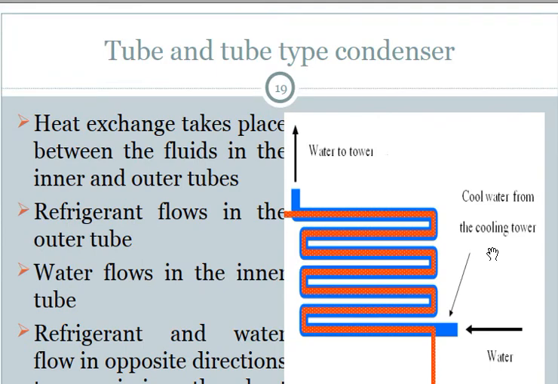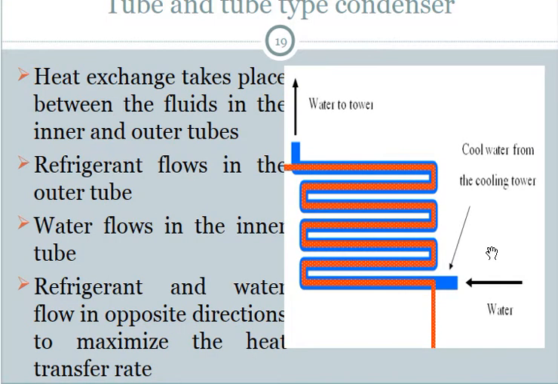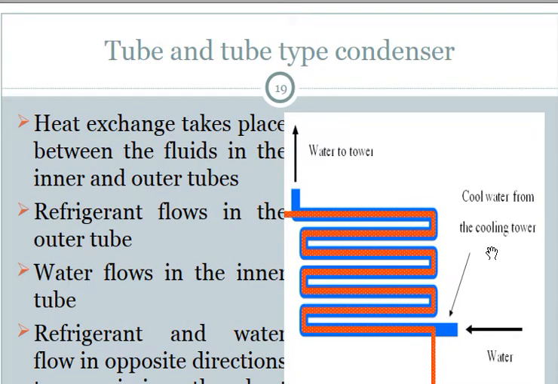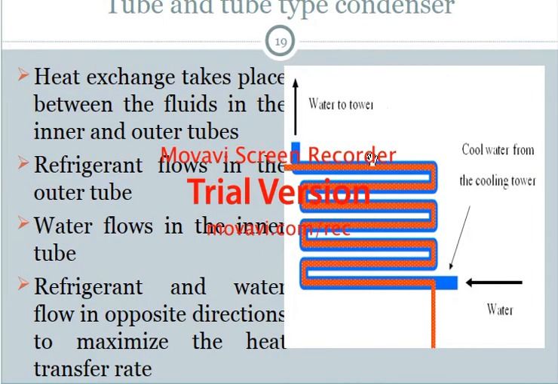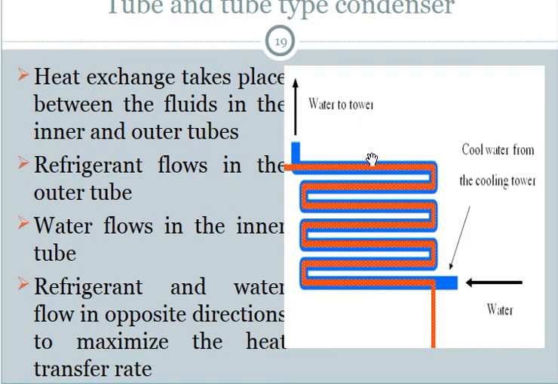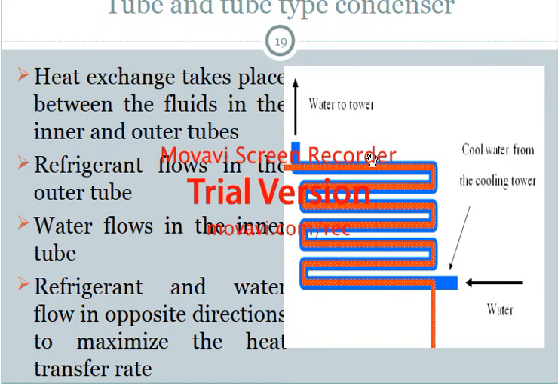Okay, this one is the last type of design in the water condenser system, the tube and tube type condenser. So the same, tube and tube. In this type, the pattern of the shell follows the pattern of the tube itself.